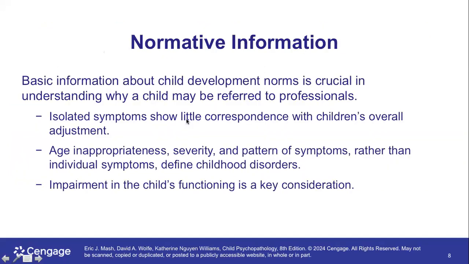Now, I said we take a nomothetic and an idiographic approach. When we look at a nomothetic approach, we're looking at normative information. So we're comparing this child and their development relative to the developmental norms of their age mates, of people who are roughly the same age.